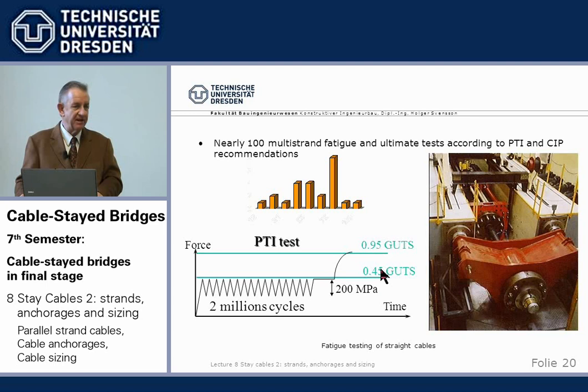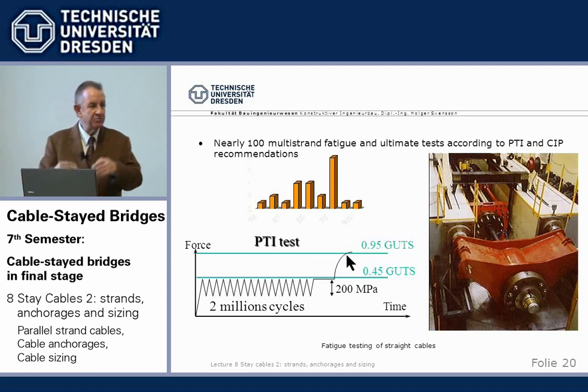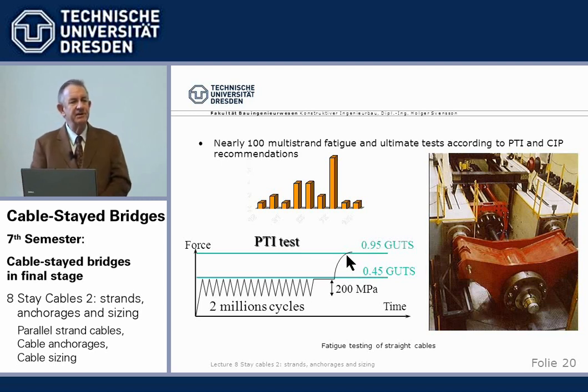Yes, that's nice, but there is a little loss from the fatigue. So at that time, in the 80s, 30 years ago, we decided 95% would be good enough. That's a requirement basically from all codes, and all new cables have to undergo this fatigue test and prove they have the fatigue strength.